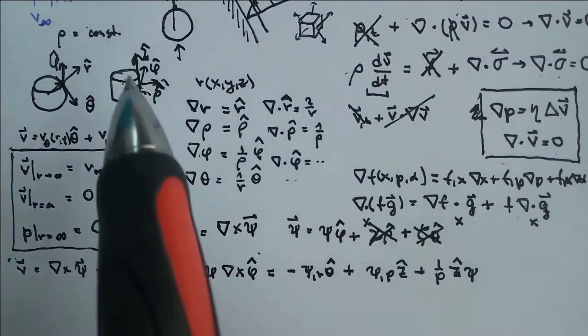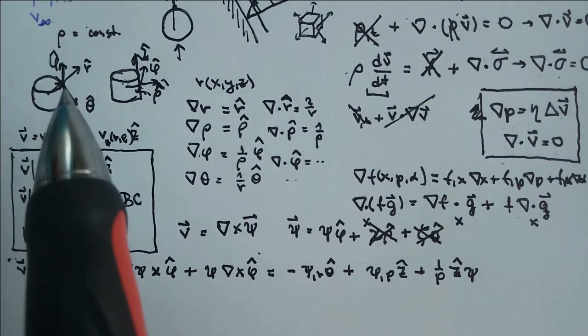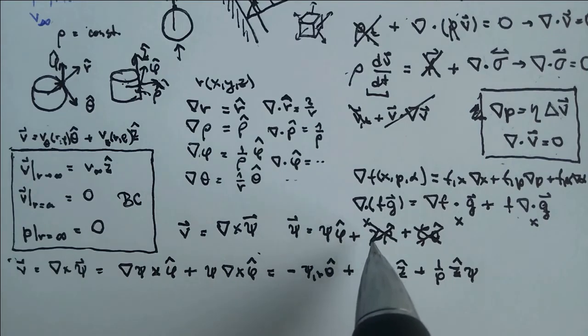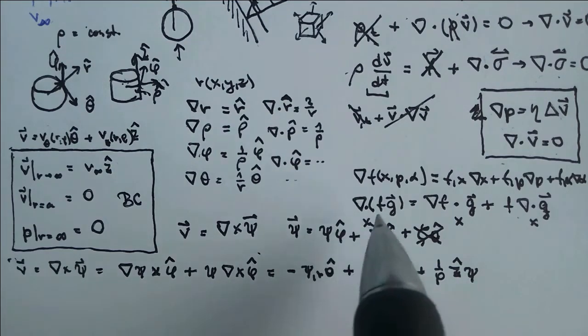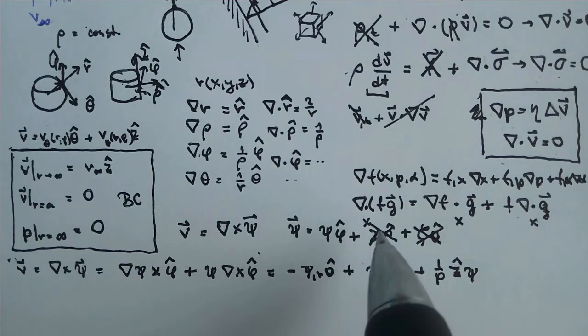Yes, there is a z component, but the function cannot be a function of phi, so this component is not a function of phi, and also it's not a function of rho. Or yes, it can be a function of rho, but the contribution is 0 because there is chi with respect to rho, and there nabla rho, which is proportional to rho hat, exactly rho hat, and rho hat cross rho hat is 0. So there is no contribution, and if it is a function of theta, there will pop up theta cross rho.